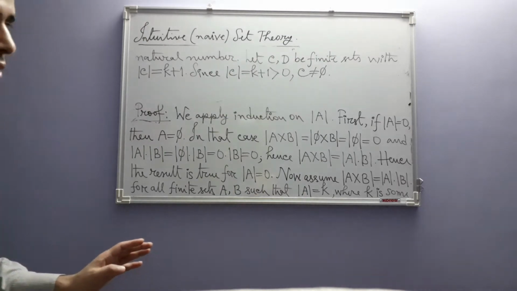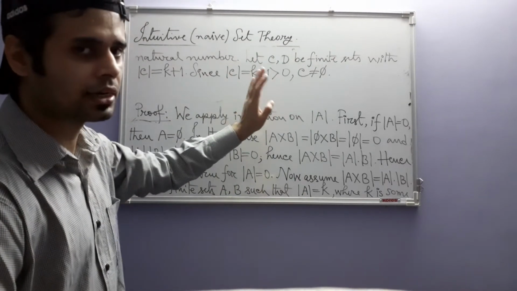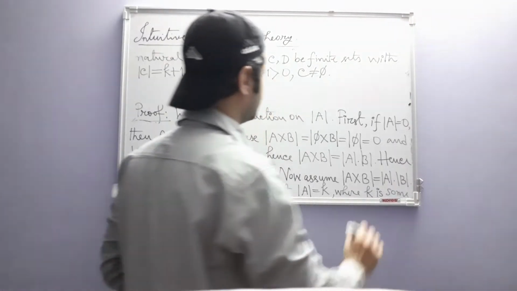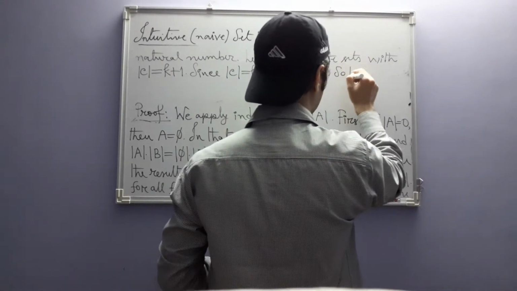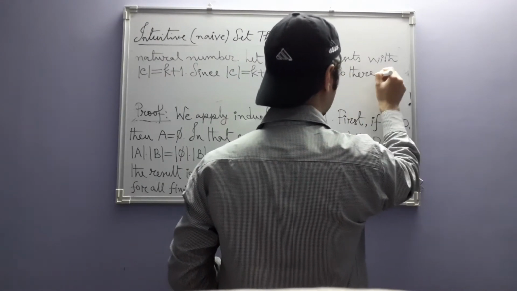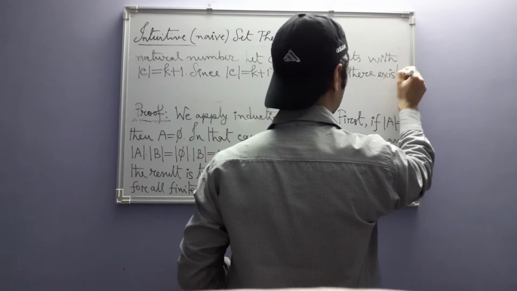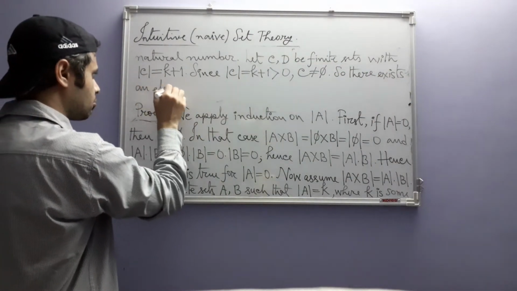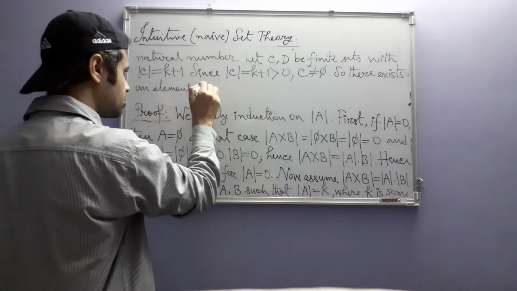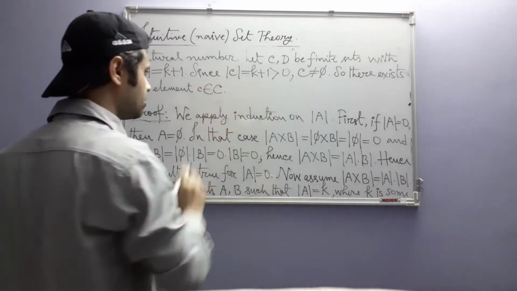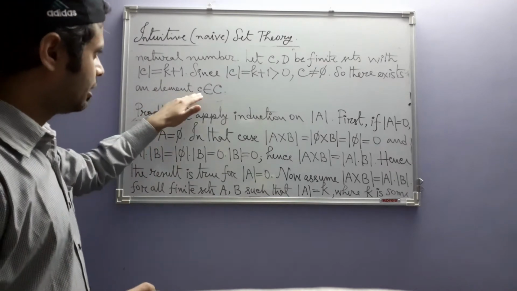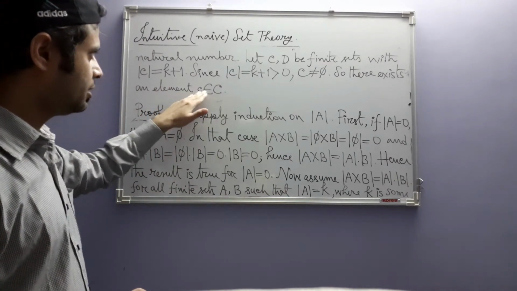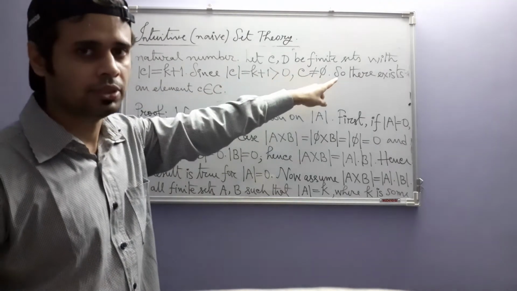C cannot be empty because k plus 1 can never be equal to 0. So there exists an element small c belonging to C. Note that we have been able to choose an element c in C because C is non-empty.